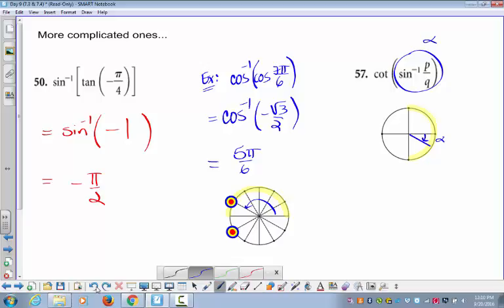I didn't say unit circle. Right side of the circle with a sine value of p over q. So what we have to do is draw a picture that will represent an angle with a sine value of p over q. You could choose a unit circle, of course, but it's a little easier in this case.